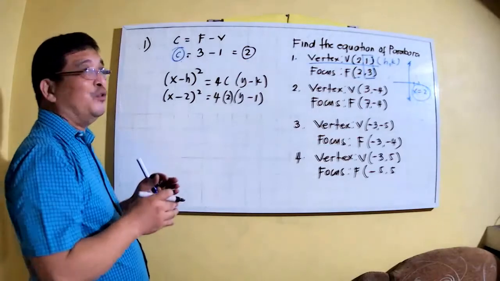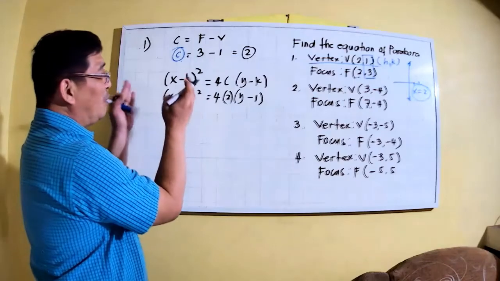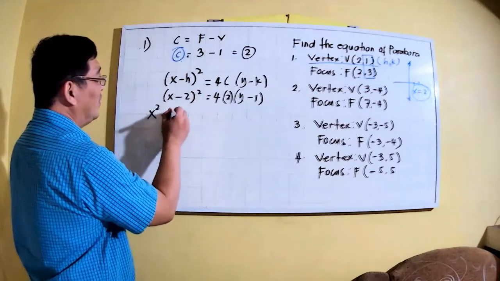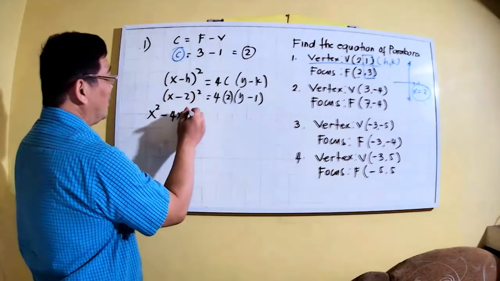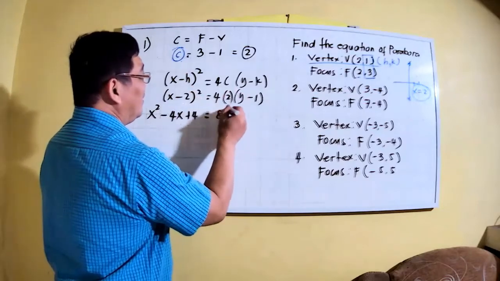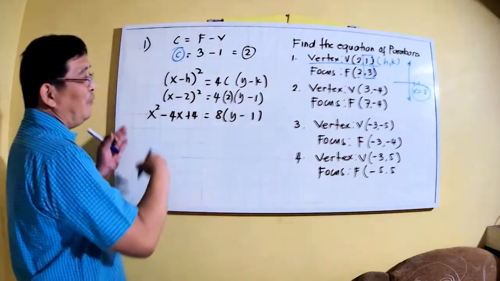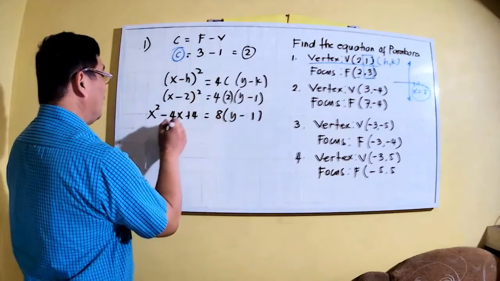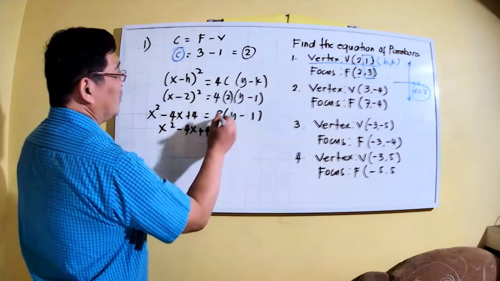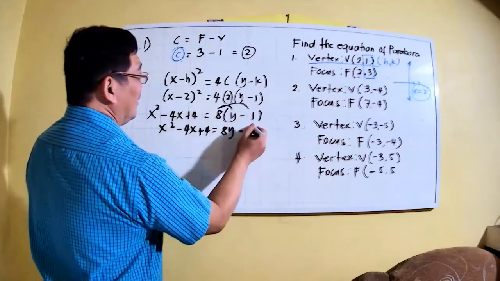Make sure that you know how to expand this expression. You're going to use FOIL method, and if you're going to expand this, you're going to have x squared minus 4x plus 4 is equals to 4 times 2 is 8, (y minus 1). And then simplify again, x squared minus 4x plus 4 is equals to distribute 8y, distribute negative 8.